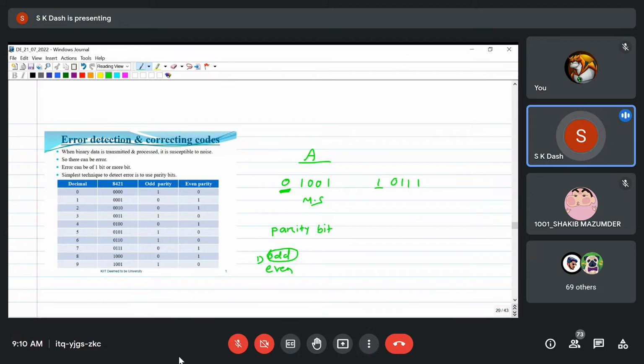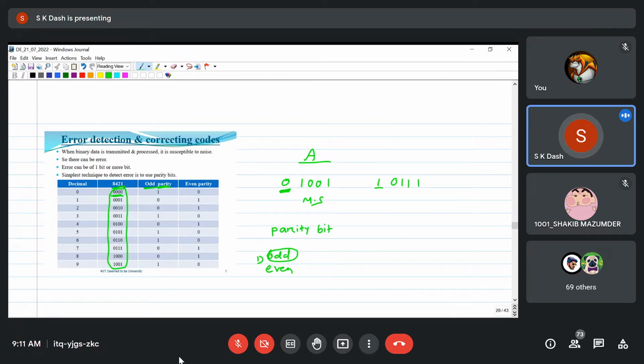So let us take an example. I have taken an 8421 code here. I wrote from 0 to 9. Now these are my message signals. Suppose the message signal is 0, I want to use odd parity. So what will happen to the message now? Total 5 bits.